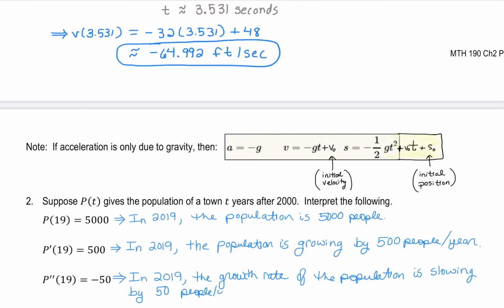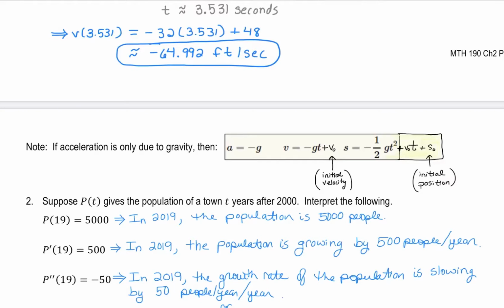It would be the output label of the original function, which in this case the original it's describing is the first derivative. So people per year per that input label, which is per year. Okay, or of course we could say this as people per year squared. So the population is still growing, but the rate at which it's growing, its growth rate, is slowing.